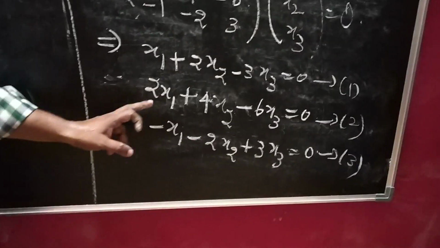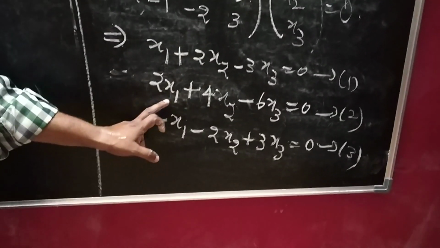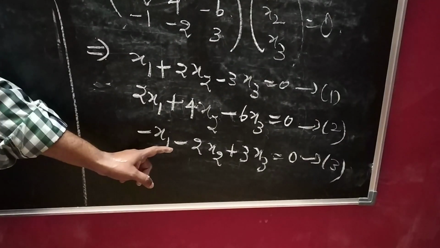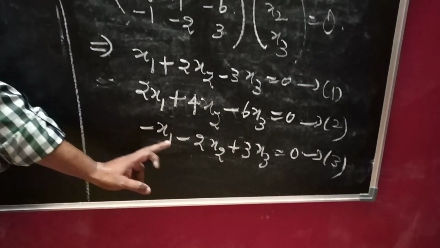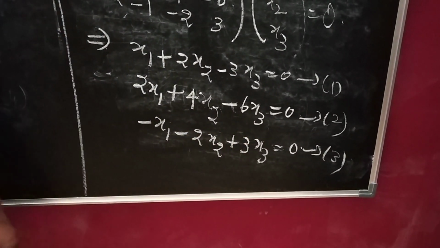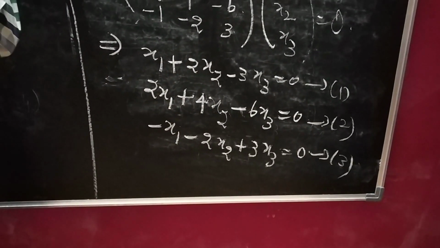In equation 2, throw divided by 2, we get x1 plus 2x2 minus 3x3, right? In equation 3, throw multiplied by minus 1, we get x1 plus 2x2 minus 3x3 equal to 0. So all the three equations are same.